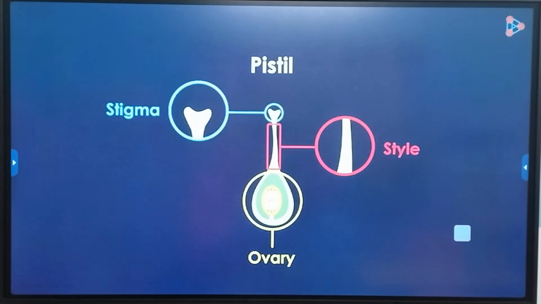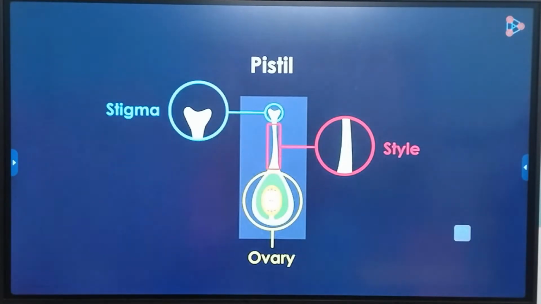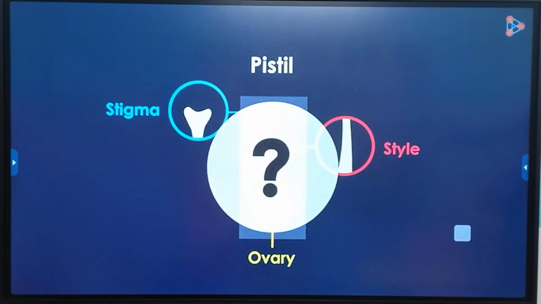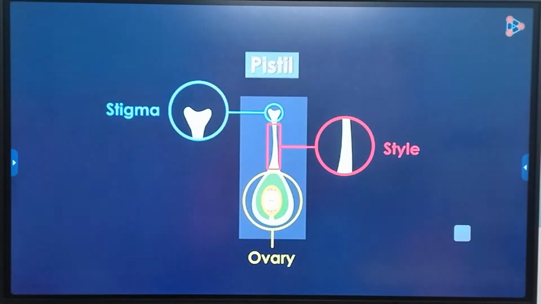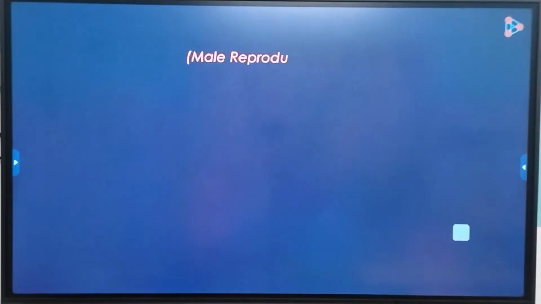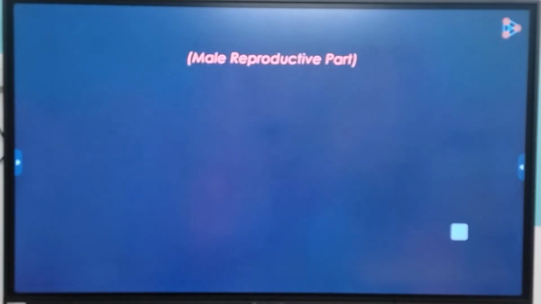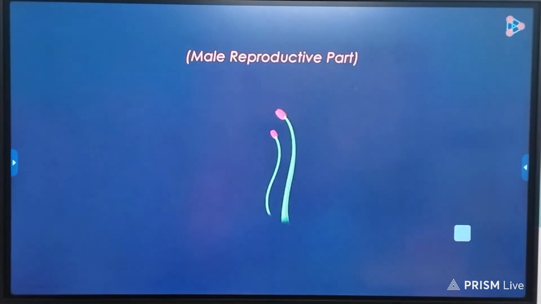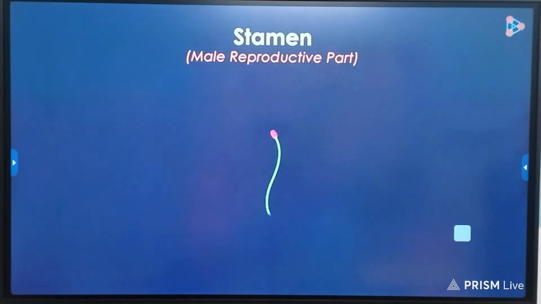Wait, if this is the ovary, then does that mean that this structure is the female reproductive part of the flower? Yes, it is. The pistil is the female reproductive part of the flower. So our next part will be the male reproductive part. Yes, these long filaments that we can see are the male reproductive organs, each called the stamen.